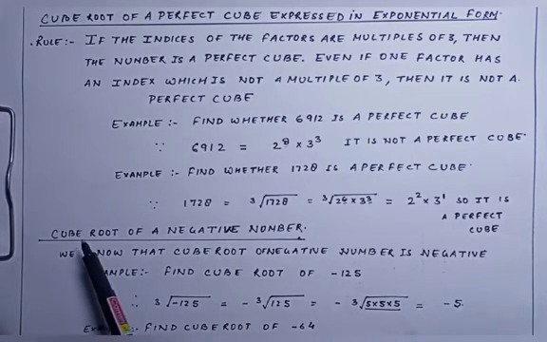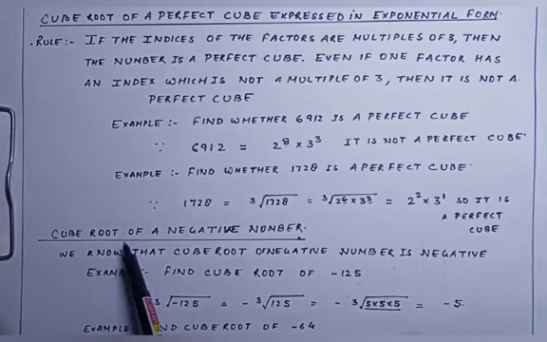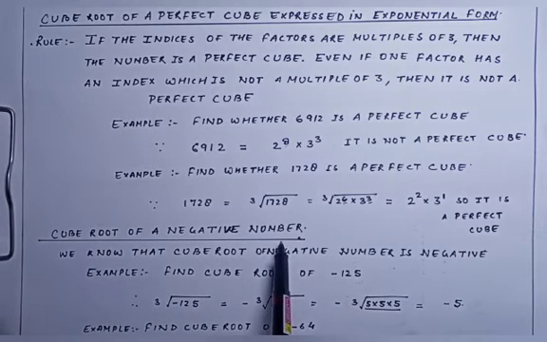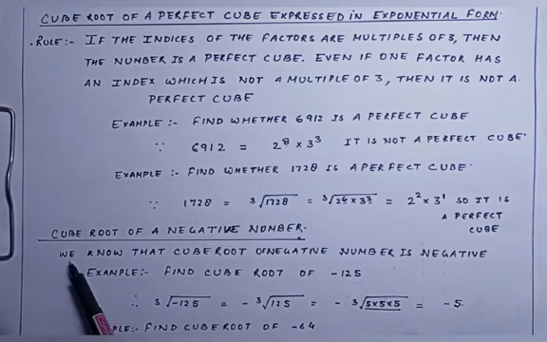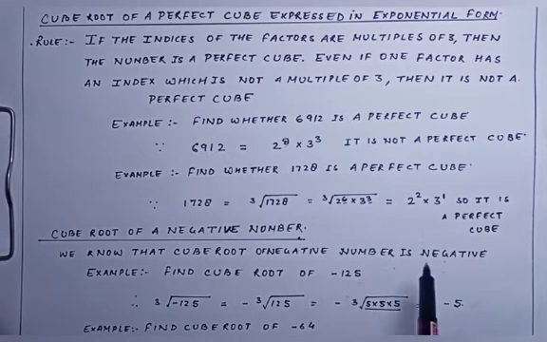Let us move to another topic, that is how to find the cube root of a negative number. We know that the cube root of a negative number is always negative. So how are we going to find the cube root of a negative number?